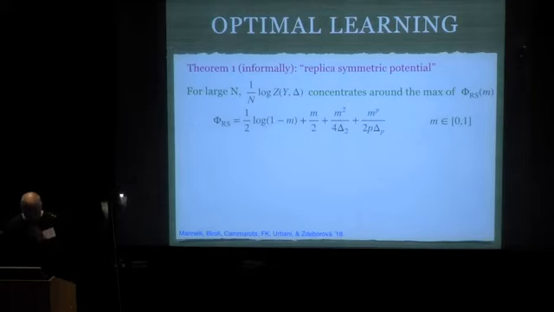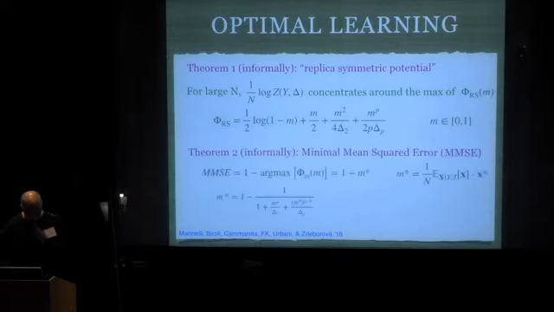And why is this interesting? Maybe you don't care about this thing, and you are right. It's interesting because once you do this maximization, it's maximized for a value m star, and this value m star is giving you the best possible reconstruction you can do in this problem. Okay, so the theorem is that the best reconstruction you can get, in the sense that it achieves a minimal mean square error, so the square difference between the truth and your estimate, is given by 1 minus m star.